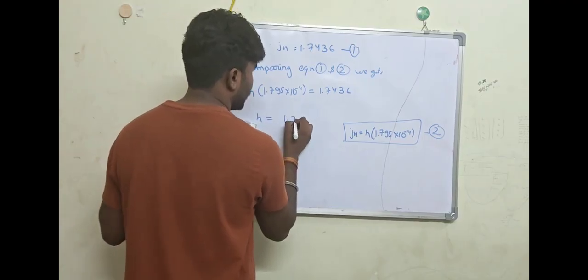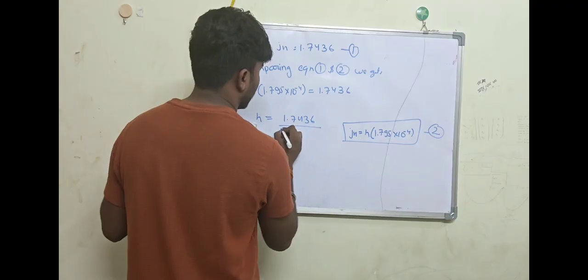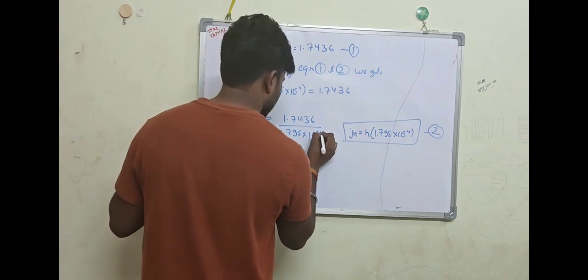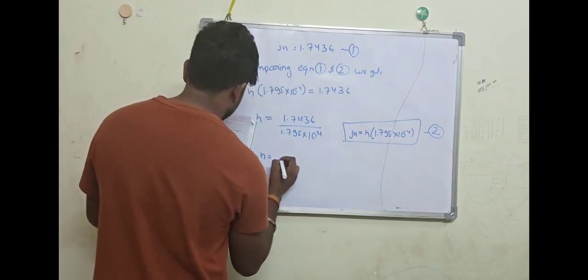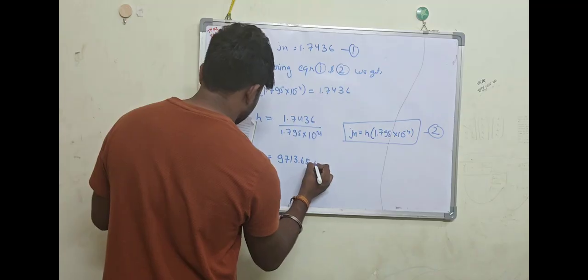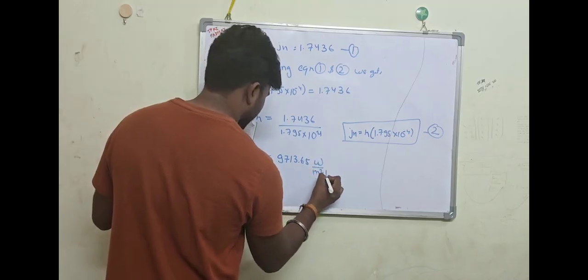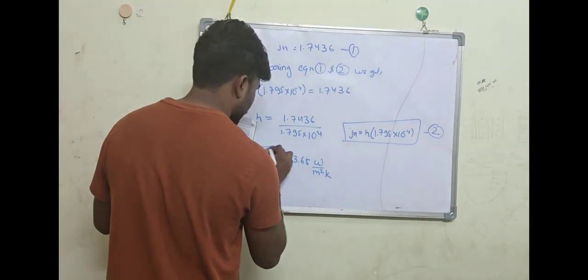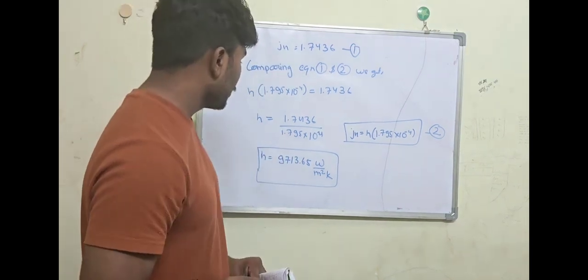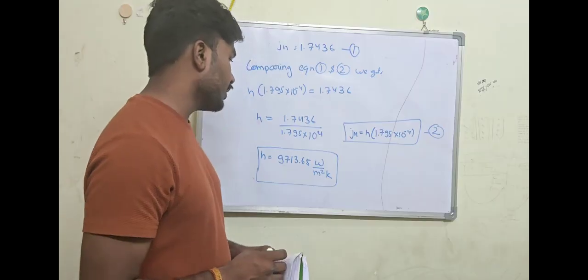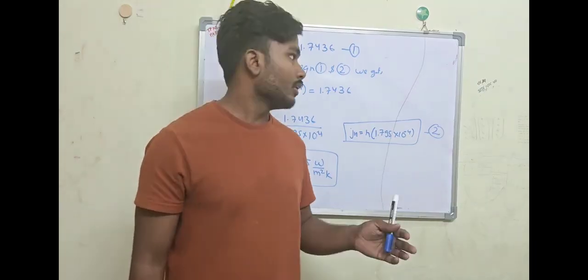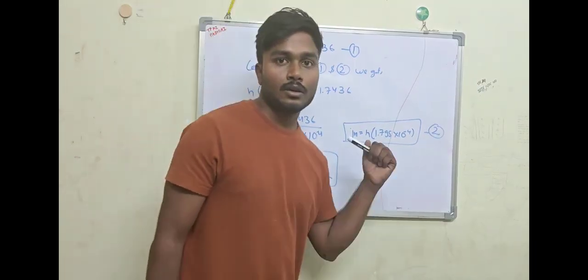H equals 1.7436 upon 1.795 into 10 to the power minus 4. So we get H equals 9713.65 watt per meter squared Kelvin. So the heat transfer coefficient turns out to be 9713.65 watt per meter squared Kelvin. So we had calculated the heat transfer coefficient for this question. That's all for that question. Thank you.